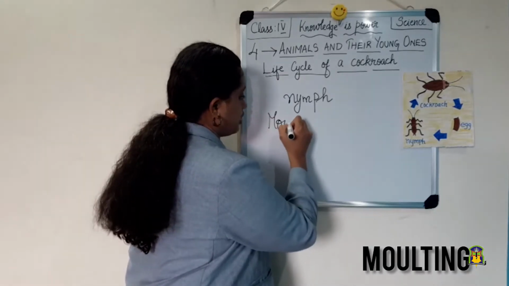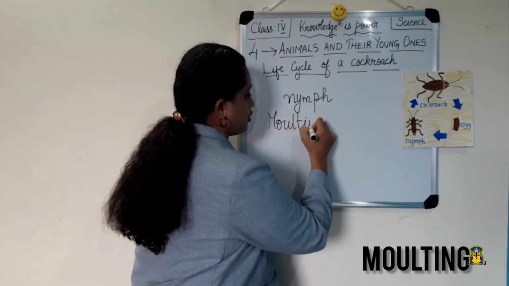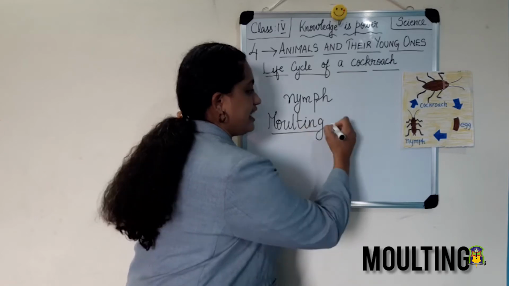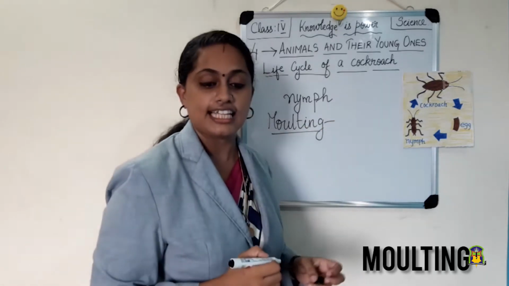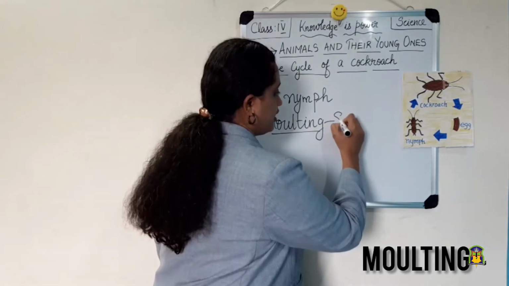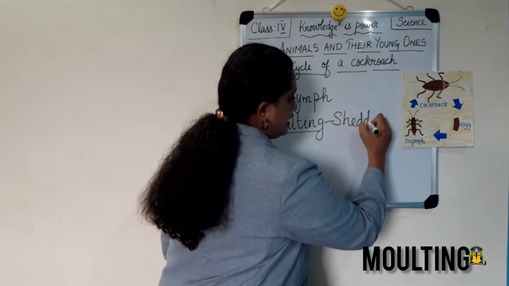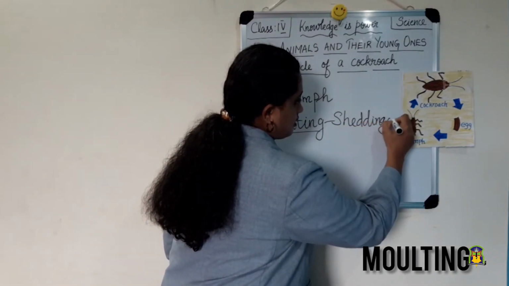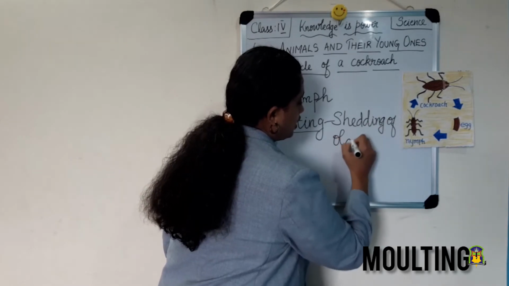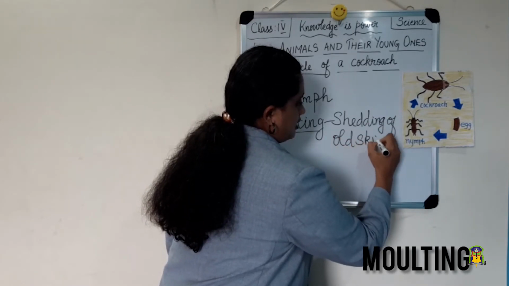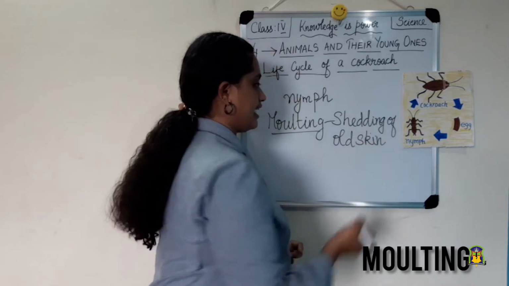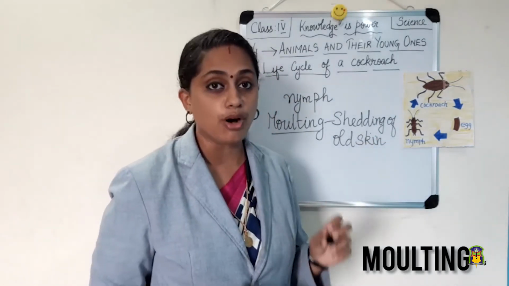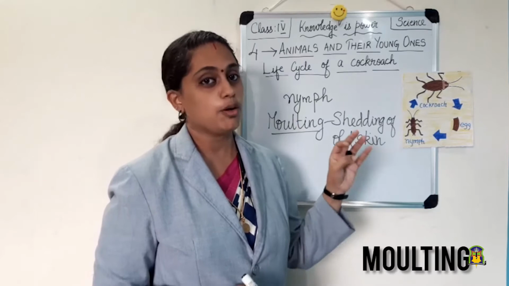See, a new word for you, a new term for you. The shedding of old skin. S-H-E-D-D-I-N-G. Shedding of old skin is called molting.